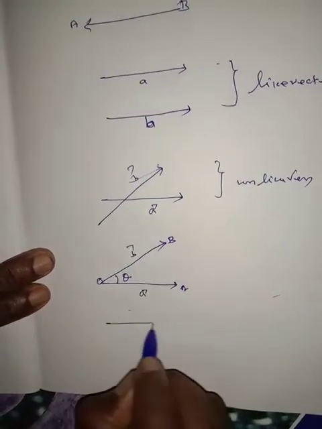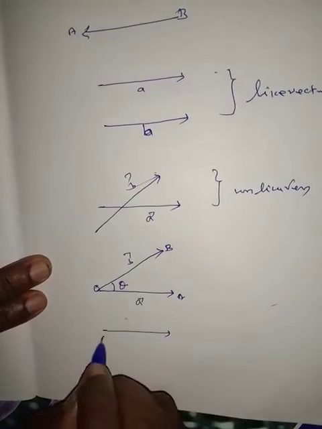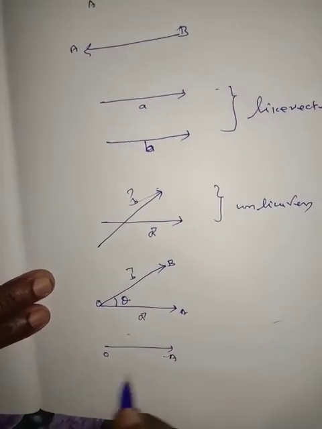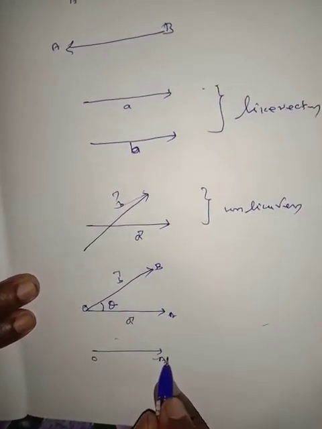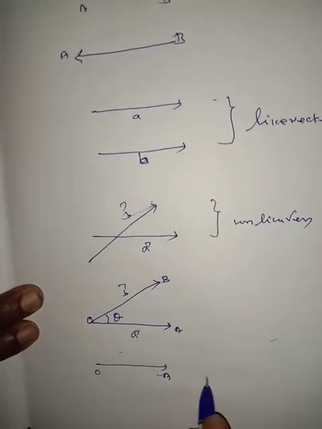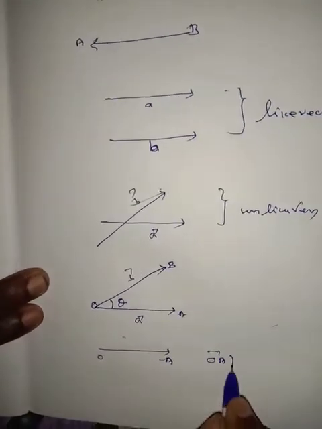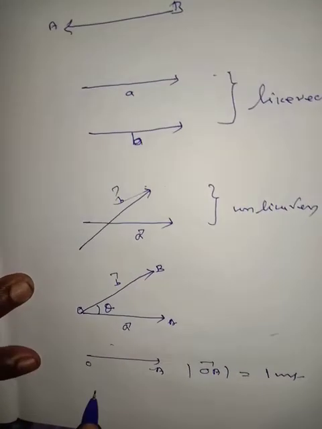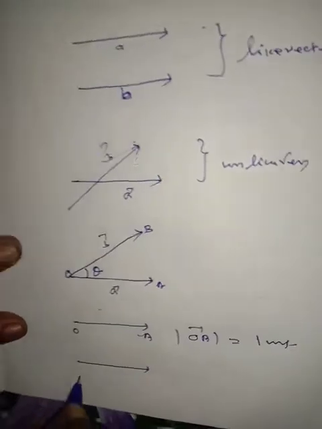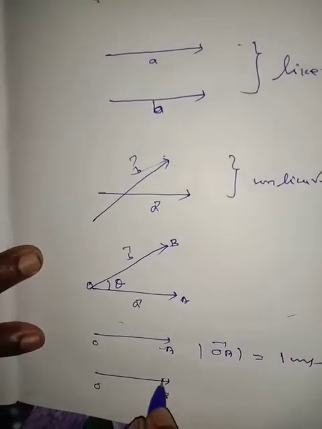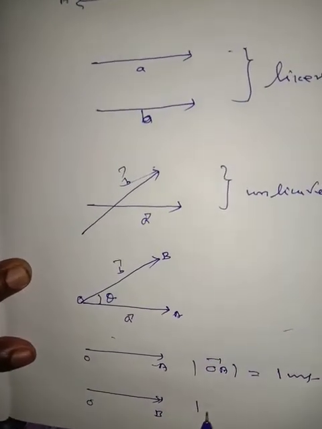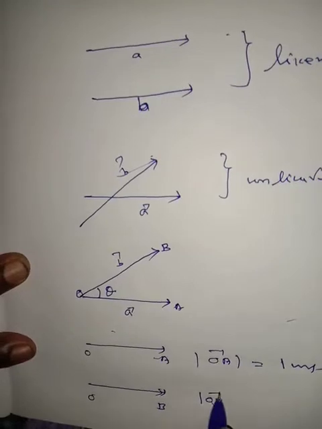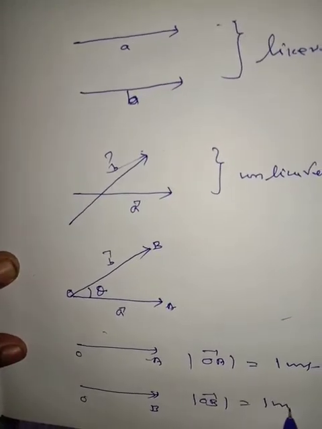Suppose OA vector is of 1 unit, then its magnitude is 1 unit. Suppose the vector is OB, then the OB vector magnitude is 1 unit.